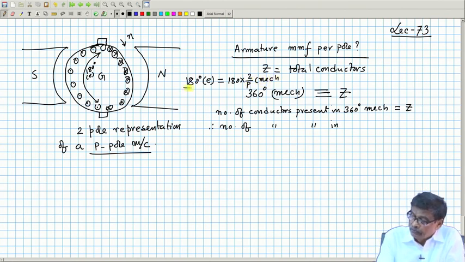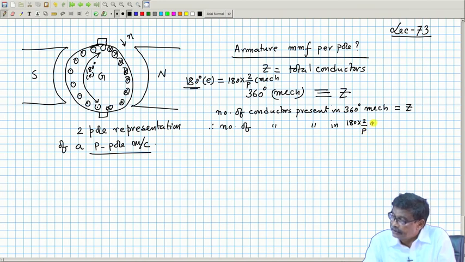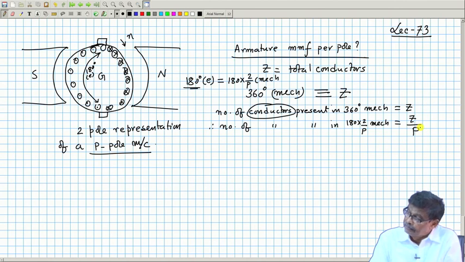So, I first calculate how many conductors are present here. In 180 into 2 by P mechanical degree, the number of conductors will be equal to Z by P, mind you, this should be highlighted. Okay, this is the thing.